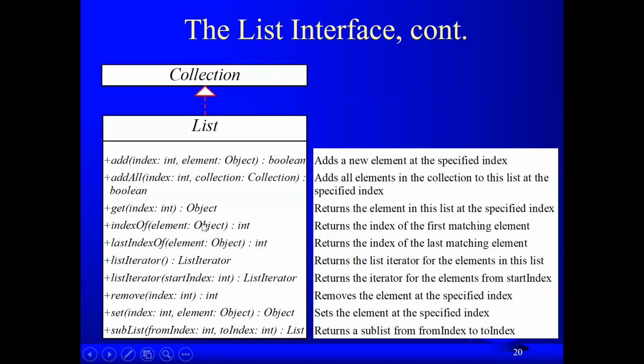Okay. So indexOf means you are giving some object and you want to know the index of that particular object. So even that is also available. What is lastIndexOf? Because it allows duplicates, right? So I want some particular object, and there are duplicate entries for it. I want to know the last index of that, because there are multiple indexes for the same thing.